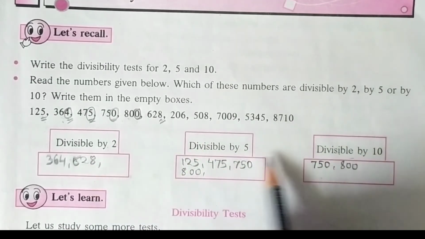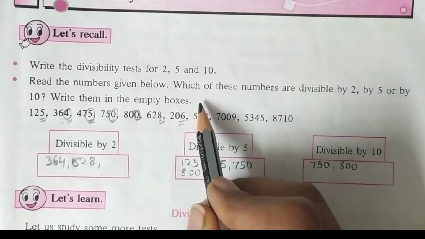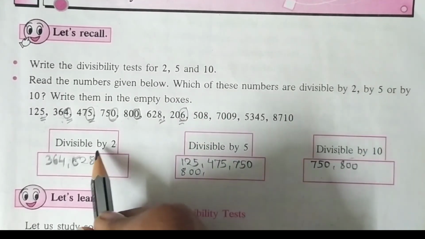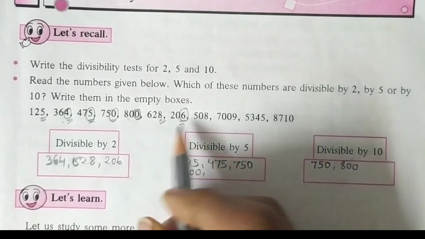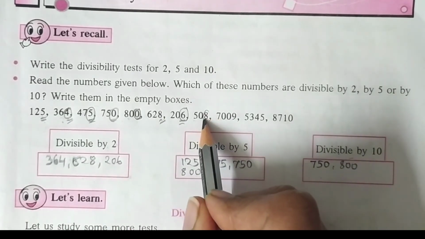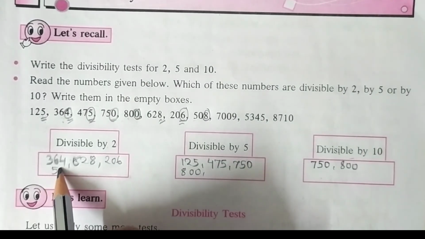Now here 206, in the unit place there is a 6, so we are going to write here in divisible by 2's table 206. Here 508. We are going to write here in divisible by 2, 508.